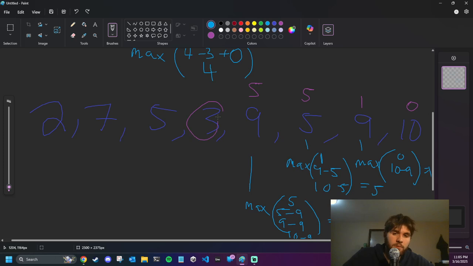I was thinking maybe since we're here, if this is a lower number, it doesn't really matter the maximum we could have made up until that point, does it? Because this could be 6 plus 1.